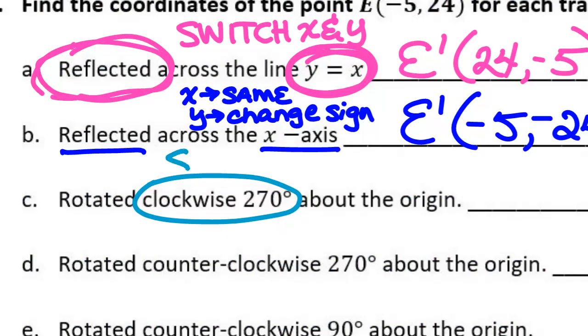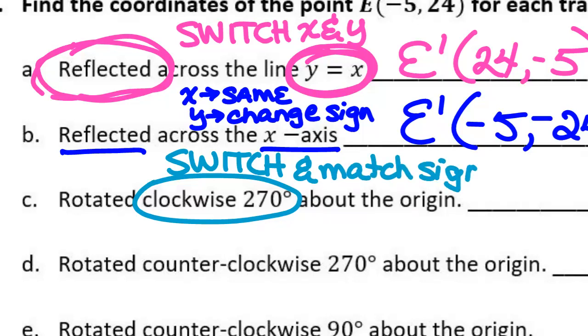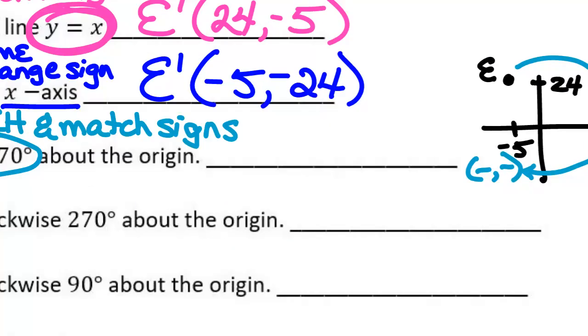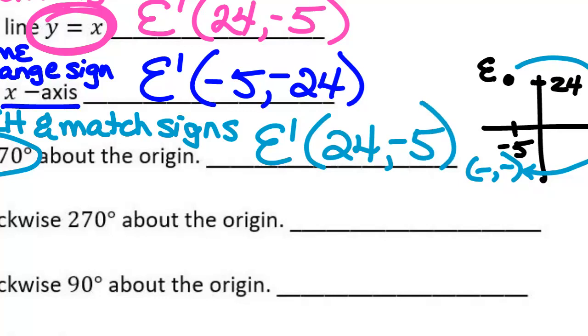Yes. We're going to switch and match signs. So E prime, if I just switch the numbers around, it's 24 and negative 5, but we're going into the third quadrant. So what do I need to do? They need to both be negative, so negative 24 and negative 5.